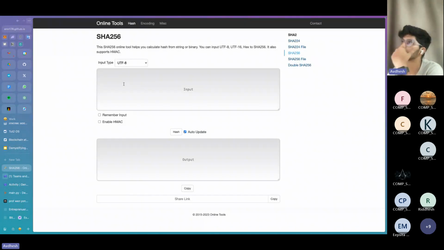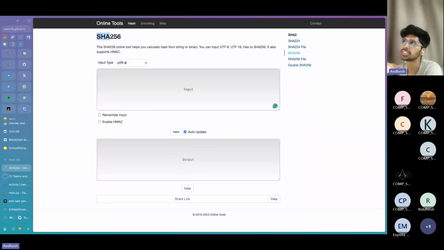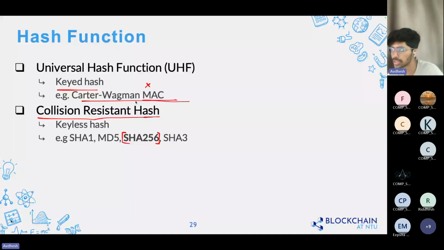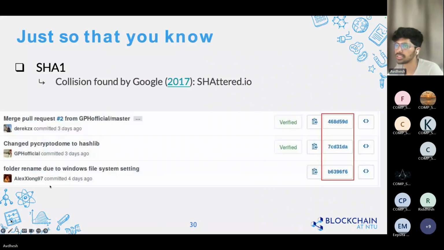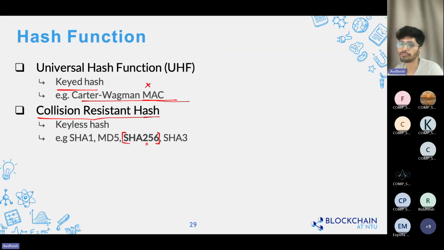Yeah. So this is something a guy created and open sourced. So this is SHA-256. SHA means secure hashing algorithm. There have been other algorithms as well, as you can see here: SHA-1, SHA-256, SHA-3. These mostly represent the bits of output that they generate.